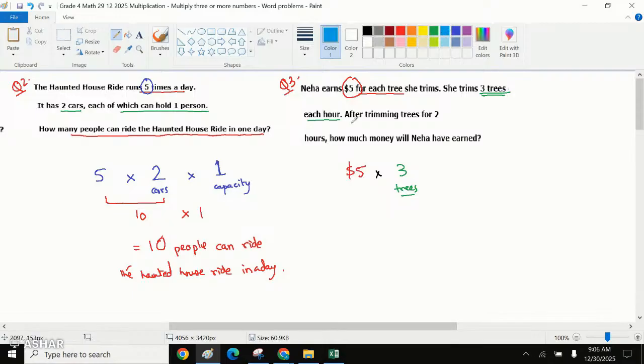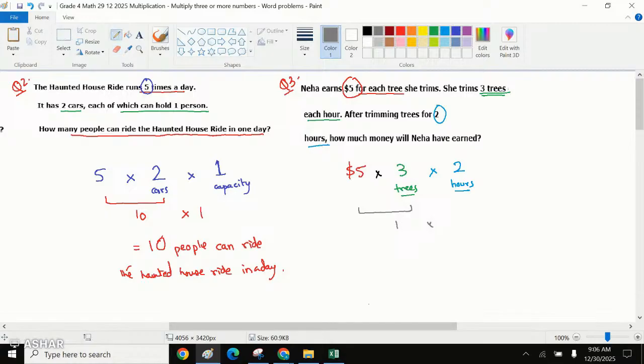But after trimming trees for 2 hours, she did 2 hours of work. In total, she did 6 trees, right? 3 trees in 1 hour. That means 2 hours would be 2 multiplied by 3. That is 6 trees. And each tree she's getting $5. So when we multiply them together, that is 12 times, oh sorry, 15, my mistake.